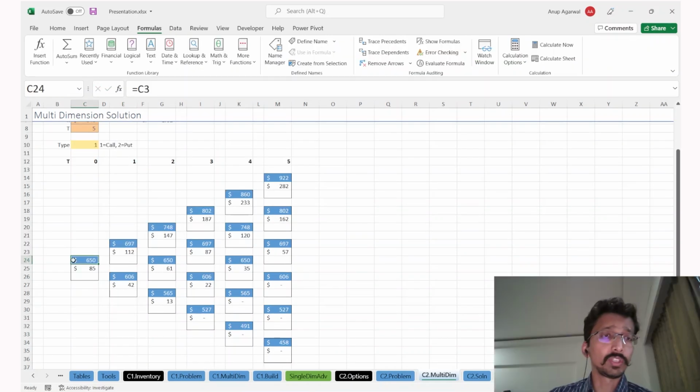I'll show you how the logic of this flows. We know the stock price today, 650, and this mathematically determines the stock price in the next month, which determines the stock price in the month after that, and so on, until you reach the stock price possibilities in month 5.